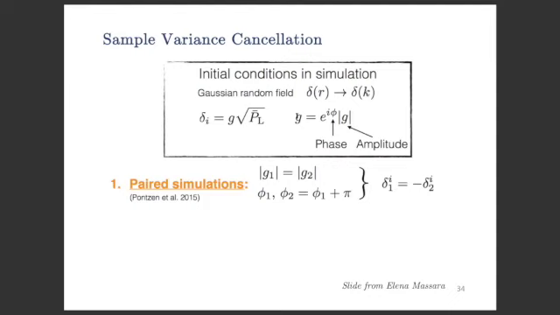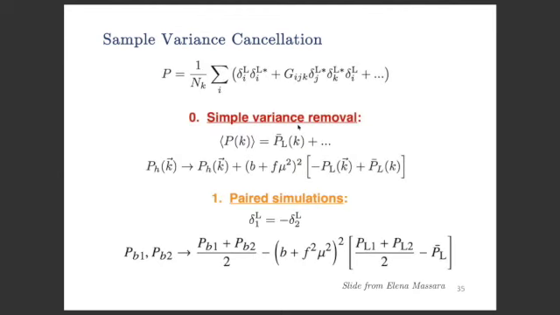So we see that these two density fields have opposite signs. Using this, we can estimate the power spectra P1 and P2, which are the power spectra in the evolved fields of the two pair simulations.